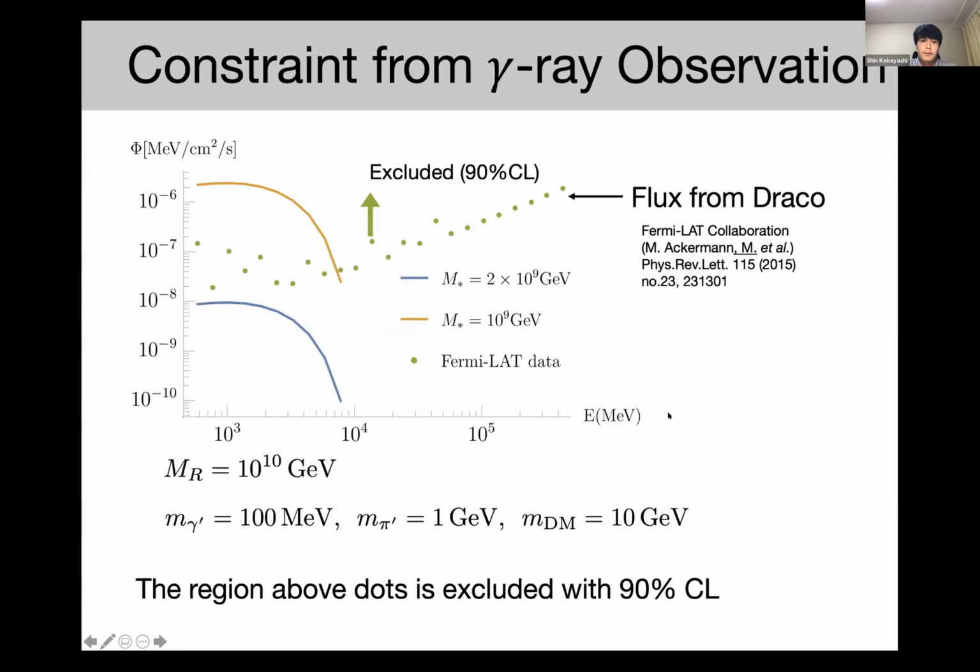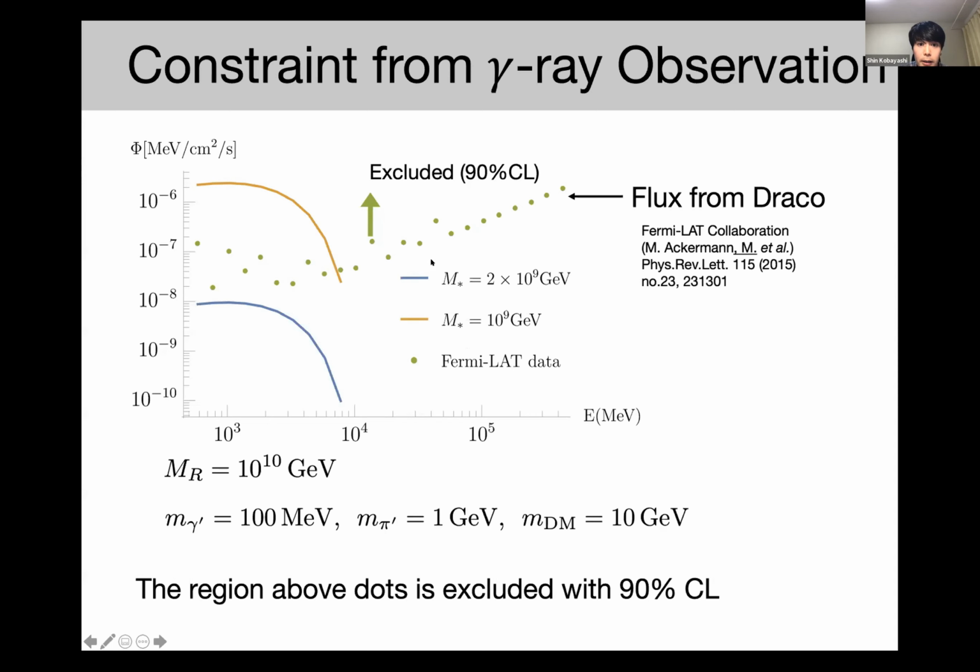This is the example of flux and the constraints. The green dots correspond to the constraints from the Fermi-LAT observation of Draco. And the blue solid line is the flux of gamma ray from final state radiation.